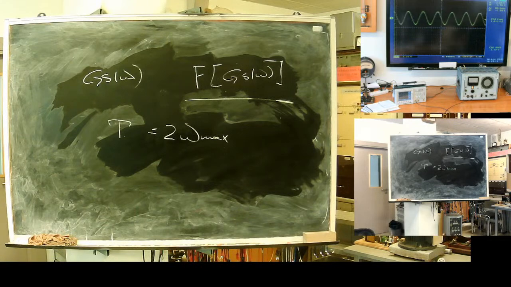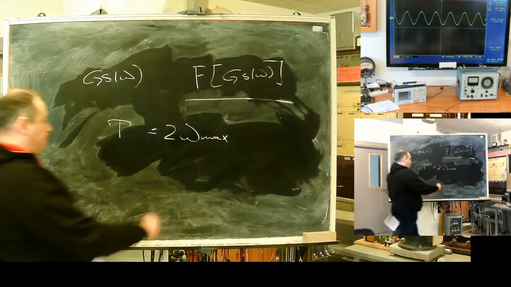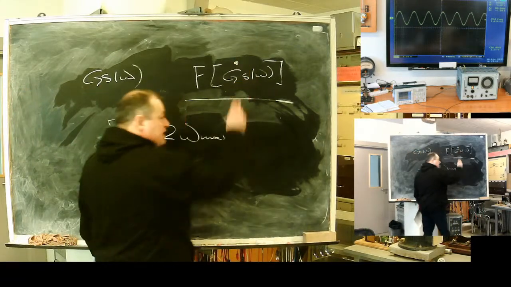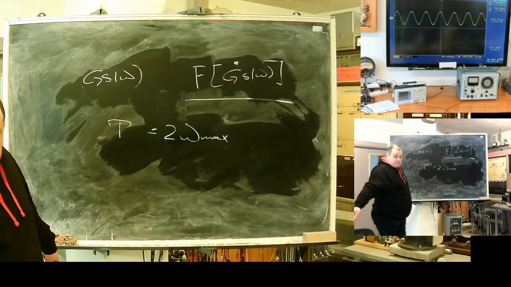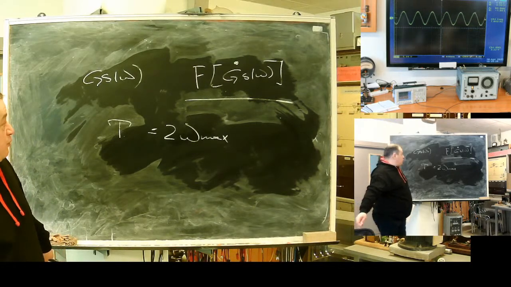It sounds quite difficult, quite rare. Perform a Fourier transform on a result of a Fourier transform. This function itself is a result of a Fourier transform. But from the math point of view, it's okay.